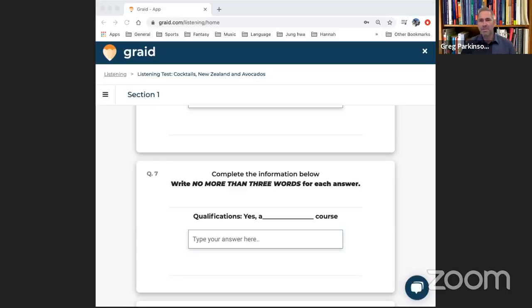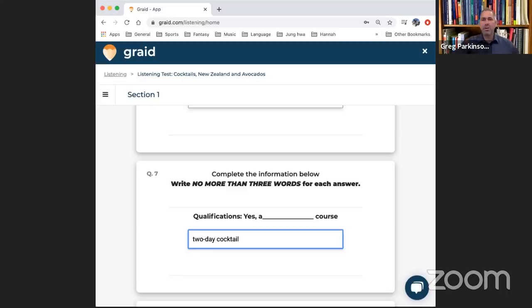Okay, there is one of Danny's qualifications, and it was a 2-day, which is hyphenated, cocktail course, right? So even though it looks like from the predictions that we made that this is going to be an easy section, you just have to really focus so hard. So some of the keywords were given, but not always.